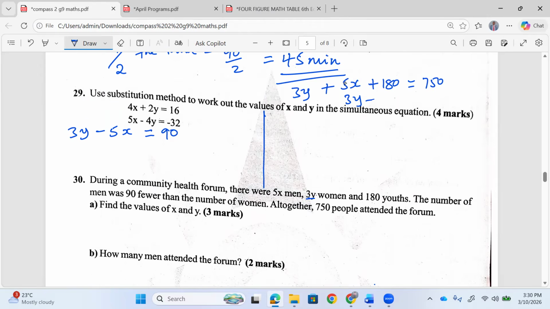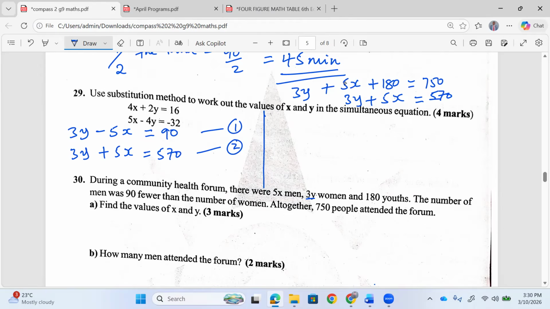So 3Y plus 5X equals, we take 750 and we subtract 180. This is 570. So the second equation is 3Y plus 5X equals 570.